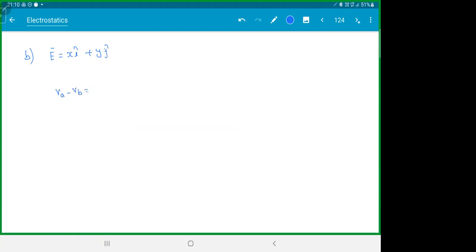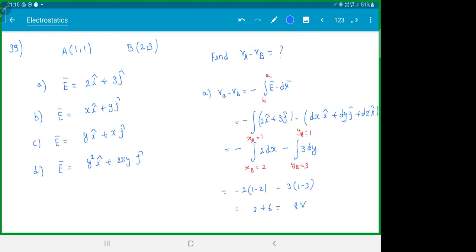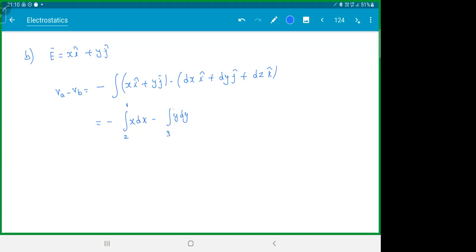So VA minus VB is the integral, this will be xi + yj dot dx i, dy j, dz k, minus x dx. I think you might be right, Hasni. A to B limits: 2 to 1 and 3 to 1. That will be minus (1 squared by 2 minus 2 squared by 2), (1 squared minus 3 squared by 2). That will be 3 by 2 plus 8 by 2, 11 by 2. You're right. Harsh, check your answer.